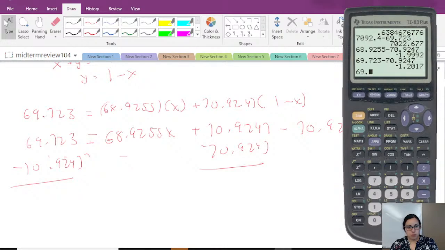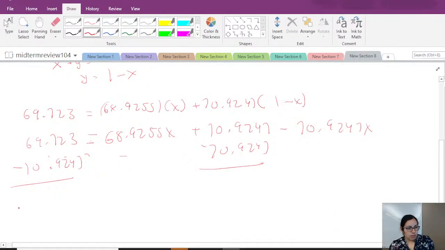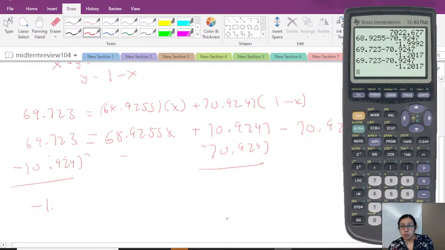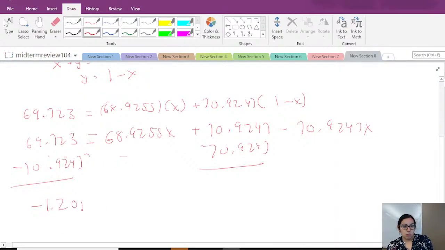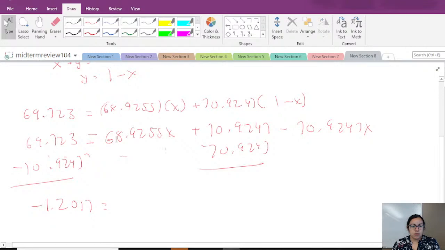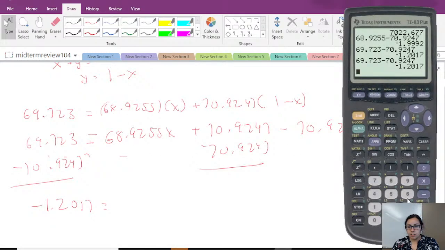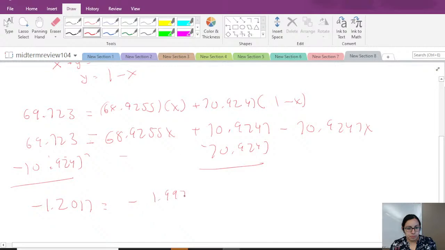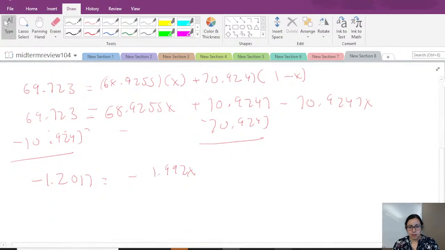69.723 minus 70.9247 gives you about negative 1.2017, which is equal to, adding the x's together, 68.9255x minus 70.9247x, so negative 1.9992x.